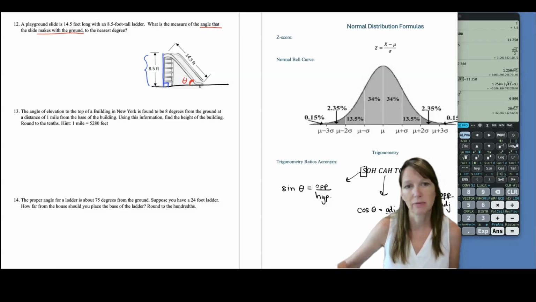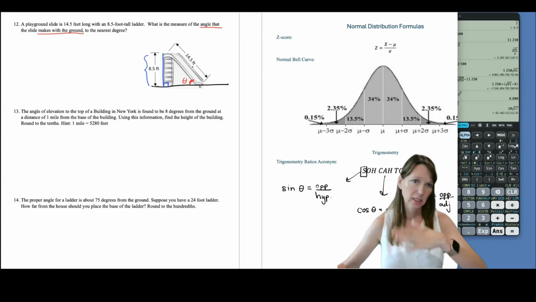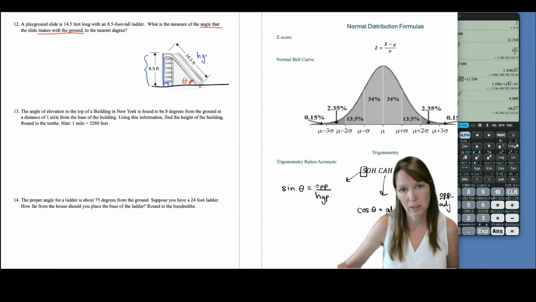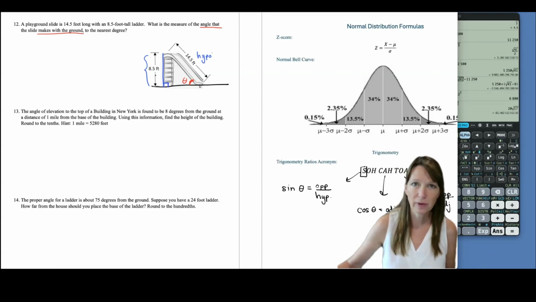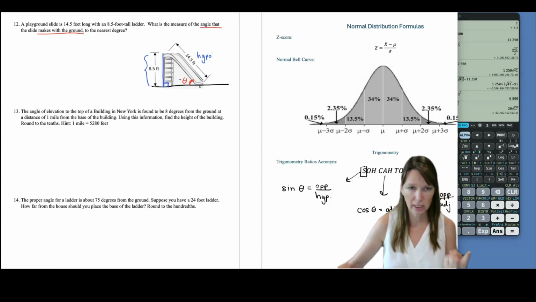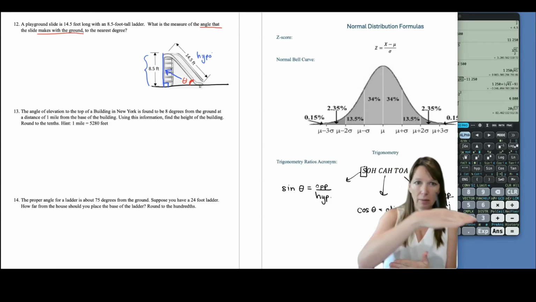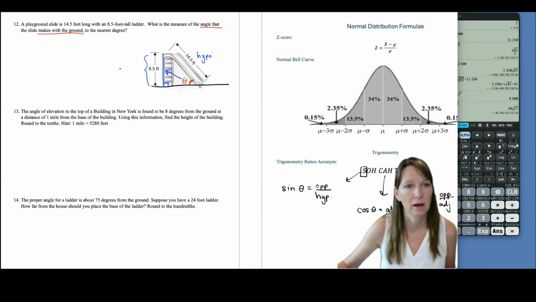So that means the 14.5 is my hypotenuse because it's across from the 90-degree angle. And the 8.5 could either be adjacent or opposite, depending on where the angle is. In this case, the 8.5 is the opposite side of the angle that I've marked. So it's my opposite.